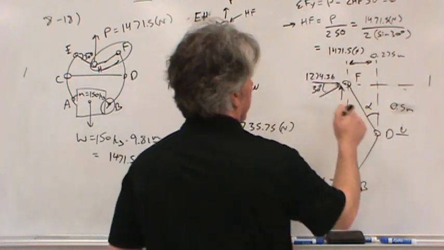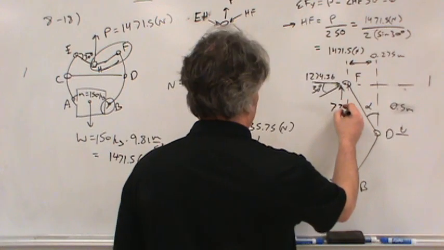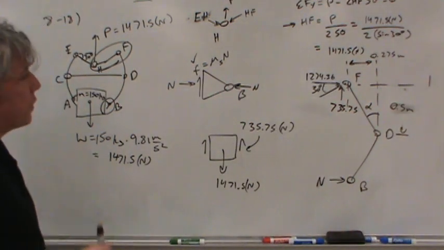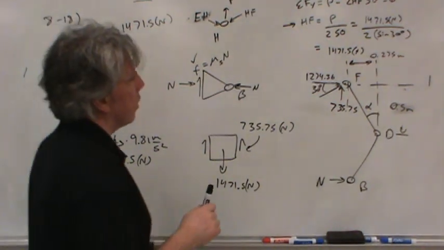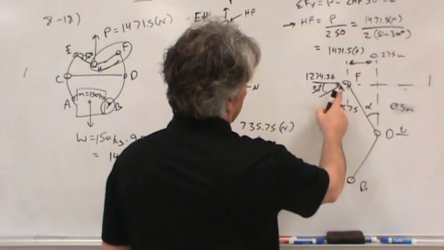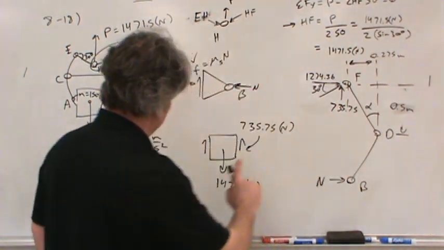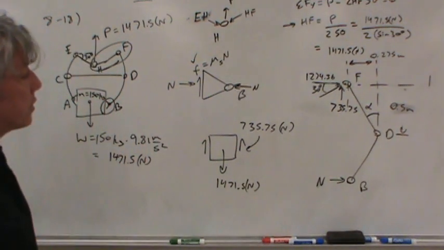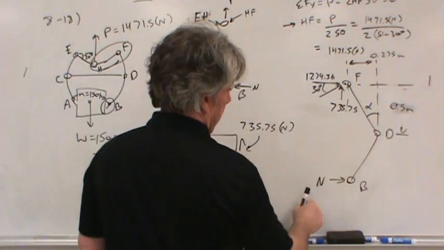So a half of 1471, we already had that, it was 735.75. There we go. All right, I think I'm okay now because, look, the only vertical component of force here would be this 735.75, which is equal to the friction force on that side of the box. So I think we're okay.